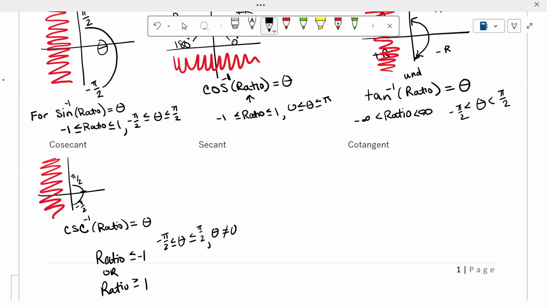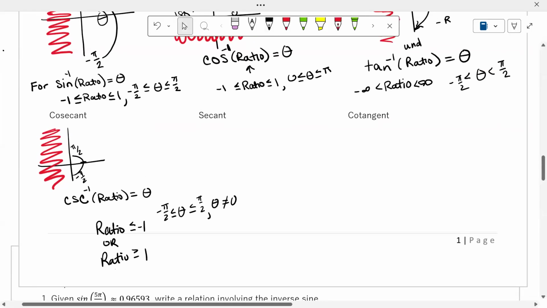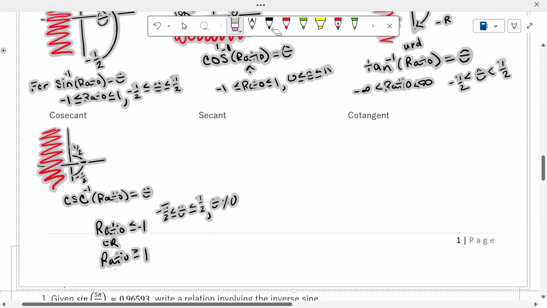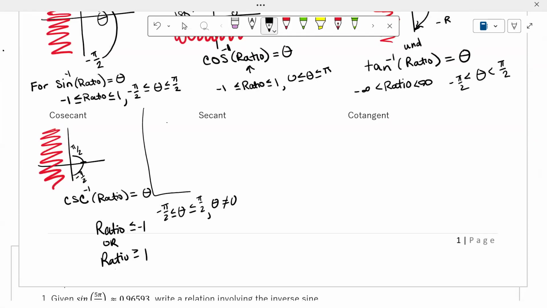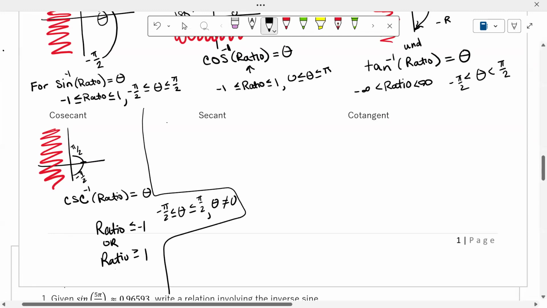All right. Let's see. Secant, reciprocal of cosine, we actually exclude the same way. And then we go from 0 to pi, except for what happens at pi over 2.